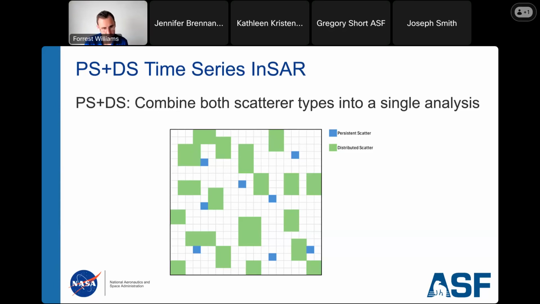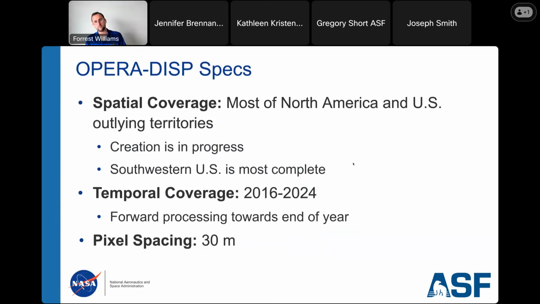And this is fundamentally the technique that the OPERA displacement products are using under the hood. They are PS plus DS time series InSAR using some of the latest methods. If you're curious about more of the details here, I'm happy to go into that in the Q&A section of this talk.